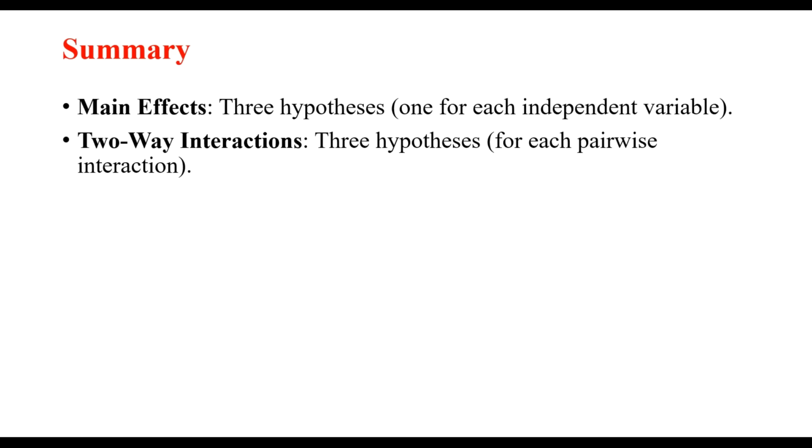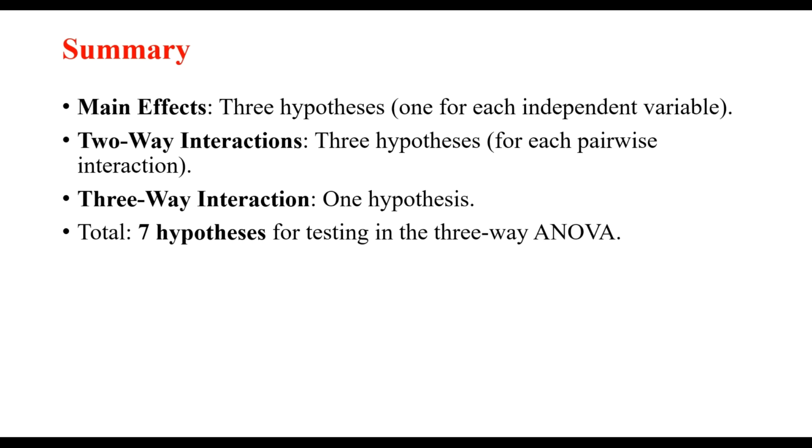So I encourage you to watch the tutorial to the end so you'll be able to understand how to perform this analysis yourself. Then three-way interaction, which is one hypothesis. So I'm going to show you these hypotheses, and then you'll be able to understand that. Then total. So you're likely going to have 7 hypotheses for testing in the three-way ANOVA.